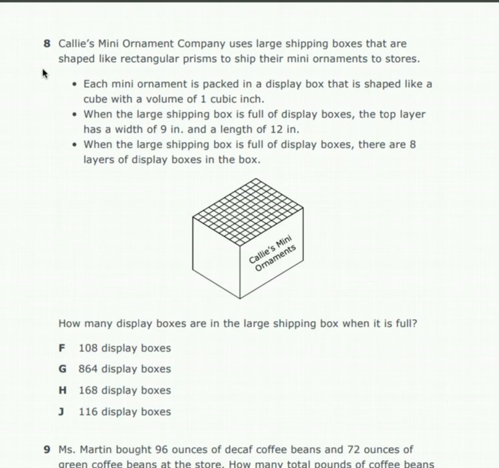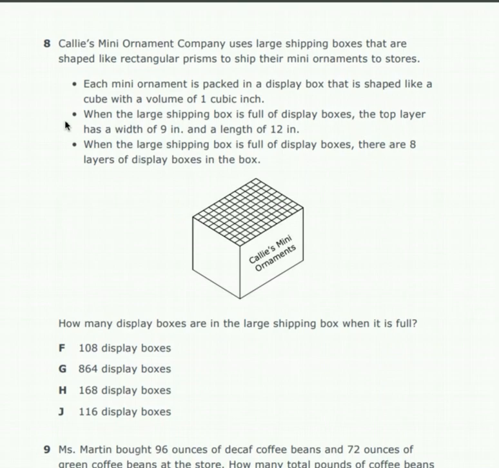Question 8. Callie's Mini Ornament Company uses large shipping boxes that are shaped like rectangular prisms to ship their mini ornaments to stores. Each mini ornament is packed in a display box that is shaped like a cube with a volume of 1 cubic inch.